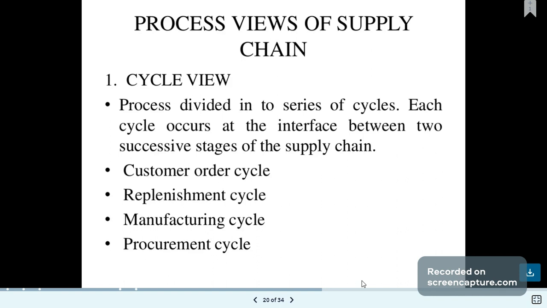Okay, a process view of supply chains. Cycle view: in the cycle view, we can understand the process divided into a series of cycles. Each cycle occurs at the interface between two successive stages of the supply chain: customer order cycle, replenishment cycle, manufacturing cycle, procurement cycle.